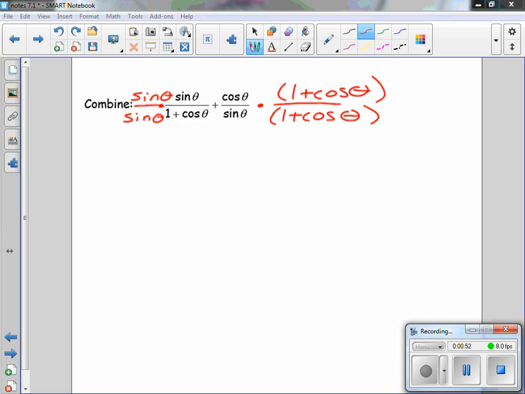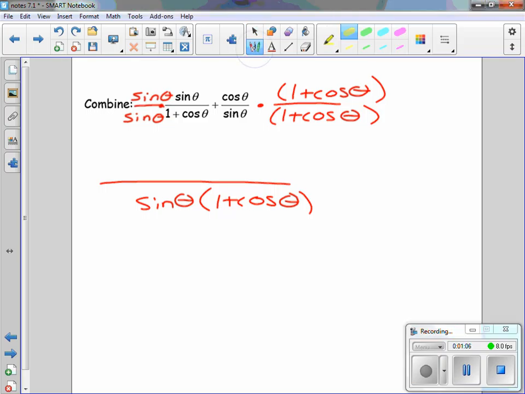Now that the denominators are the same, they have the same terms, we can lump that all together. So that would be sine theta times 1 plus cosine theta. And then in our numerator, if we multiply sine times sine, we will get sine squared theta.